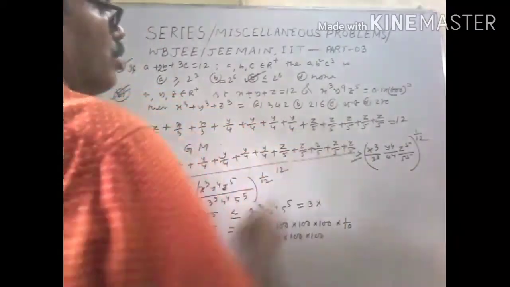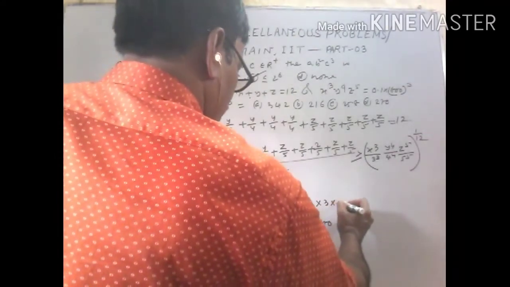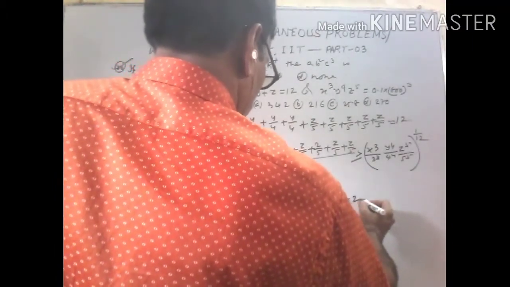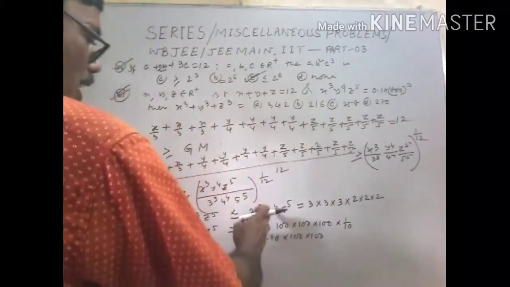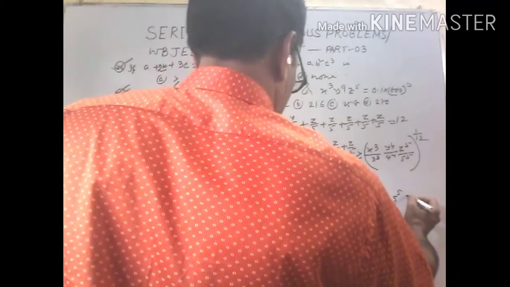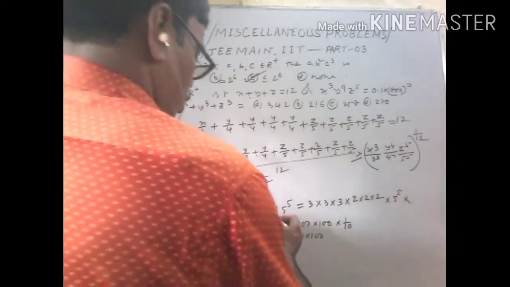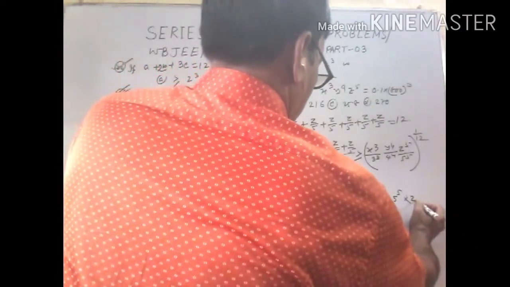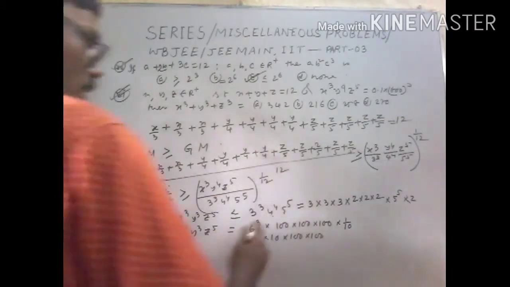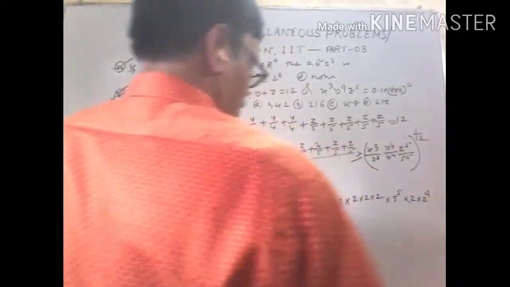So this is 6 cube into 100. So we can write 3 into 3 into 3, and this is 4. 4 is 2 into 2 into 2, and this is 5 to the power 5 into 5 to the power 5 into 2 to the power 4, 4 to the power 4, 64 into 4. So 2 cube, so 2 to the power 4, then again 2 to the power 4.